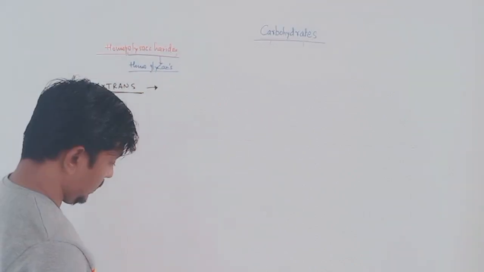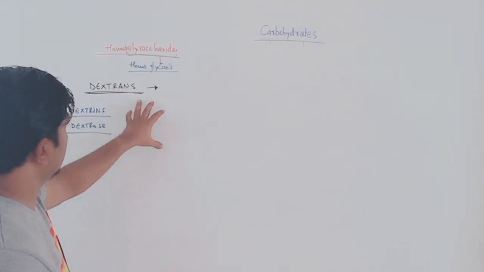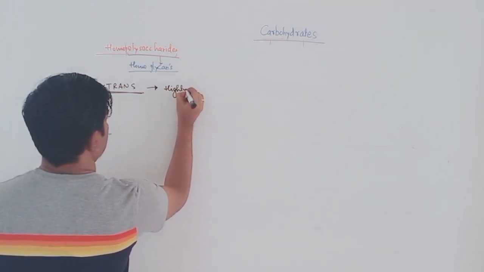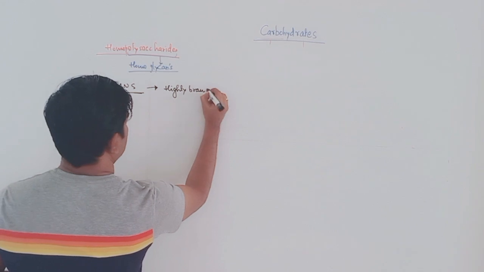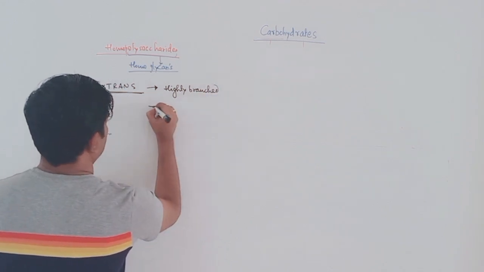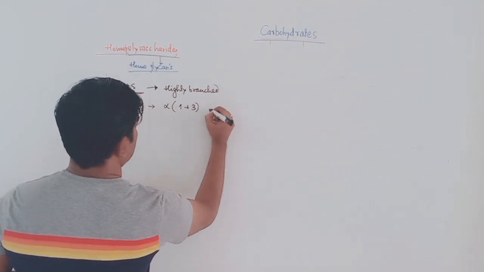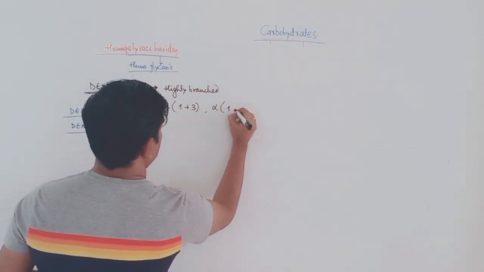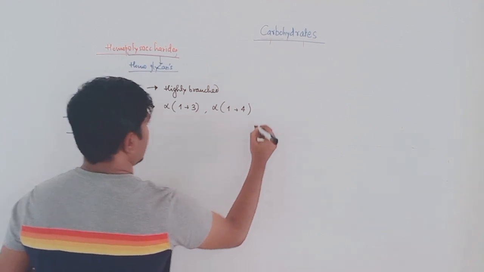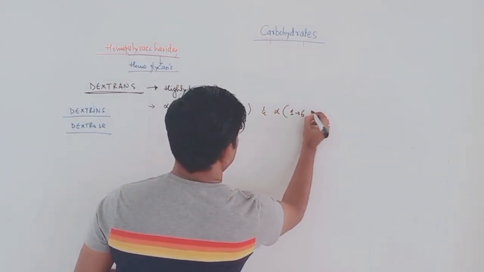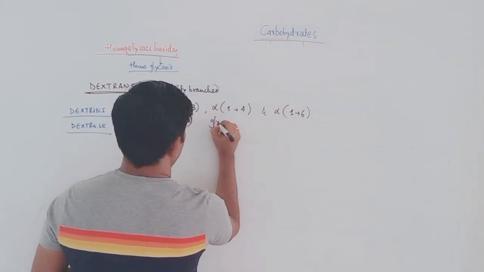These homopolysaccharides, these dextrans, are highly branched, and they contain alpha 1,3, alpha 1,4, and alpha 1,6 glycosidic bonds.